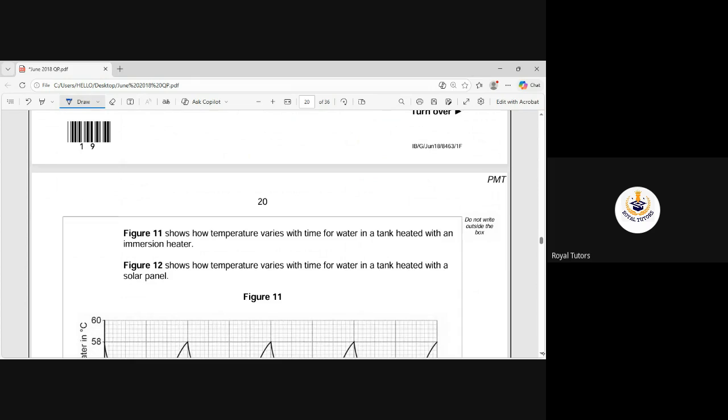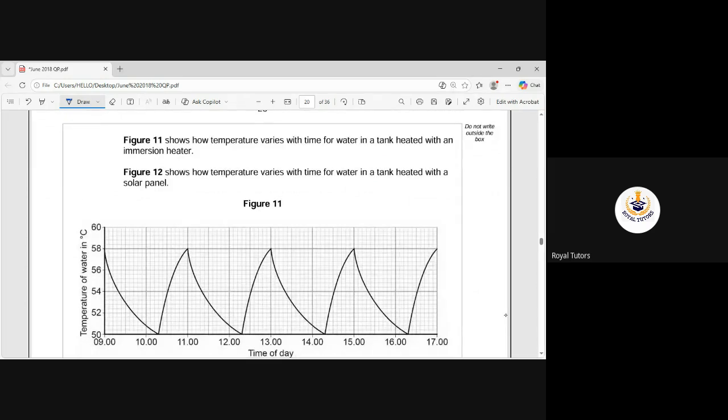And we have figure 11, which shows how temperature varies with time for water in a tank heated with an immersion heater. And figure 12 shows how temperature varies with time for water in a tank heated with a solar panel. So we are doing a comparison here.